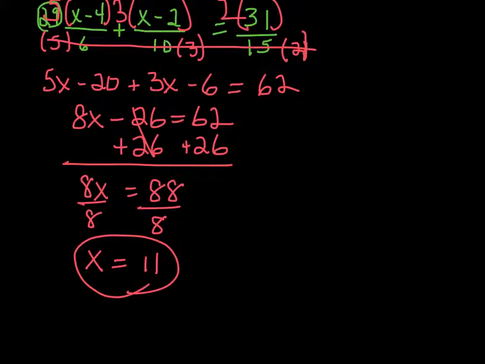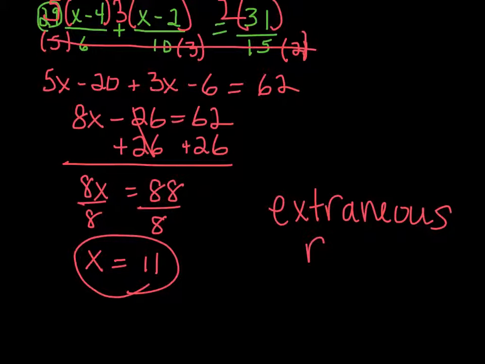Now, in this case, what we also want to check for, and in this question it's not really going to be possible, is something called extraneous roots. Basically, we want to check our answer, in this case x equals 11, and plug it into the denominators of our original equation just to make sure that we don't end up with a denominator of 0.